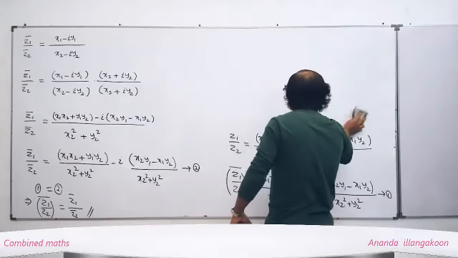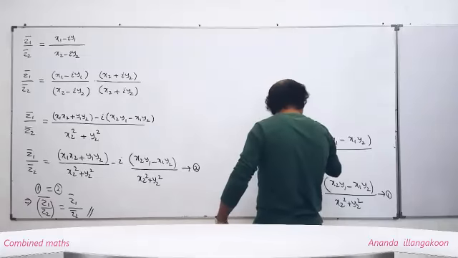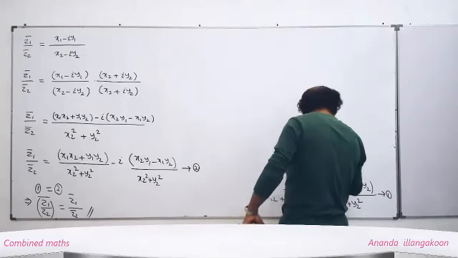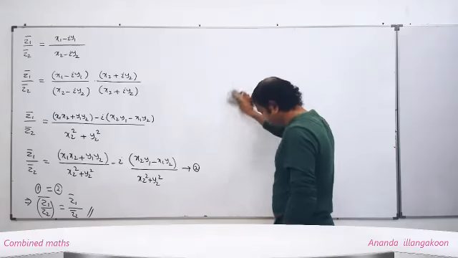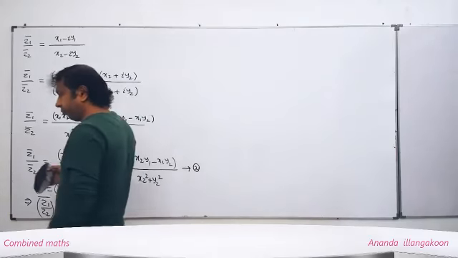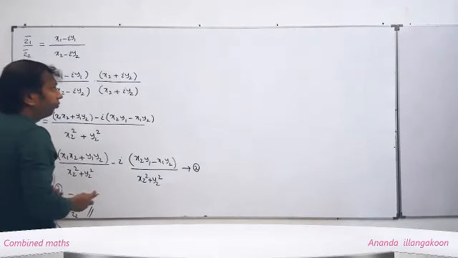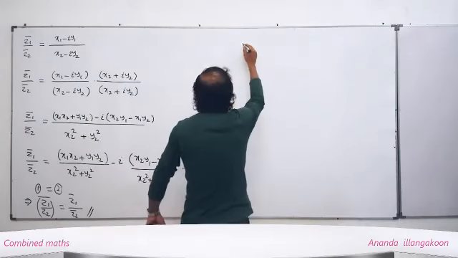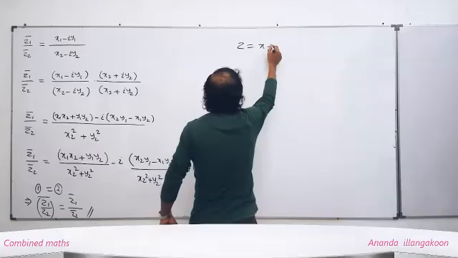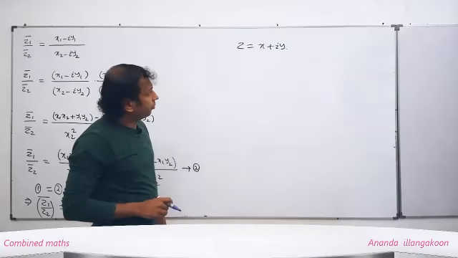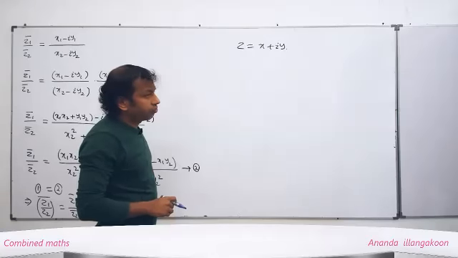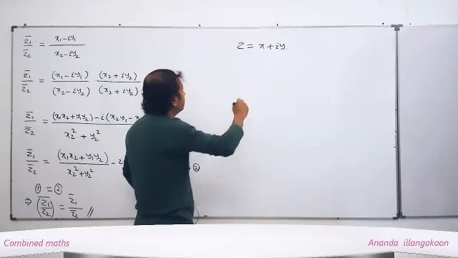When I consider this way, suppose we have a complex number, z equals x plus iy. Right. Its conjugate is this, no?